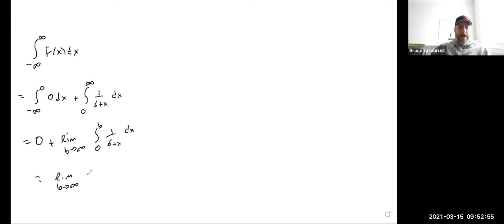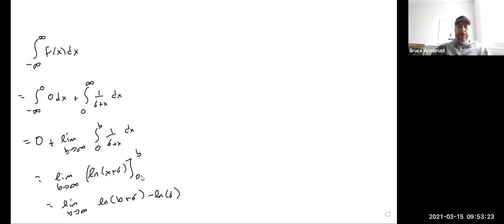That's just going to give us a natural log of x plus 6, evaluated at 0 and b. So we get the limit as b goes to infinity of natural log of b plus 6 minus the natural log of 6.